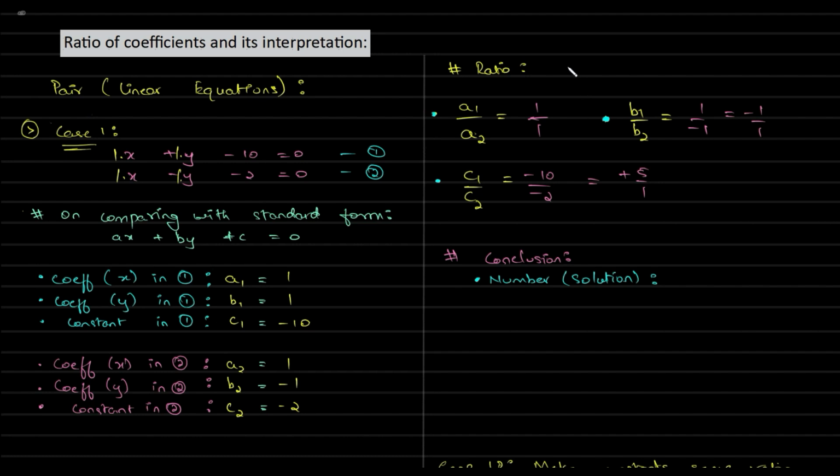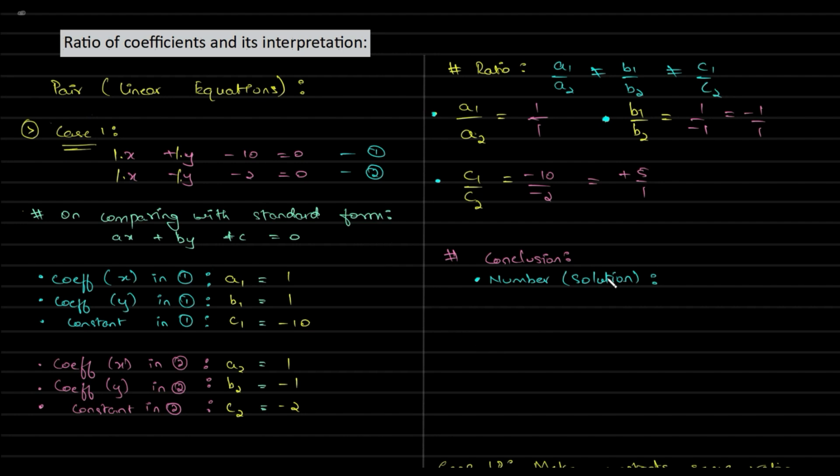So what did you observe? a1 by a2 is not equal to b1 by b2, and any one of these is not equal to c1 by c2. That's your conclusion, is it not?